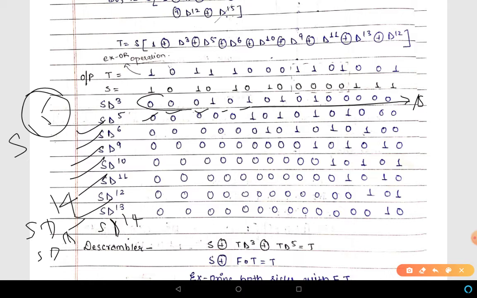For example, 1, 2, 3, 4, 5, 6, 7, 8, 9, 10, 11, 12, 13, 14, 15. So 15 times 0 will come, and then after that the sequence will come.